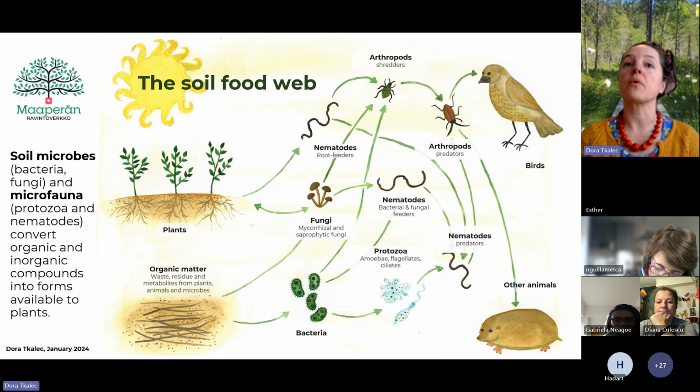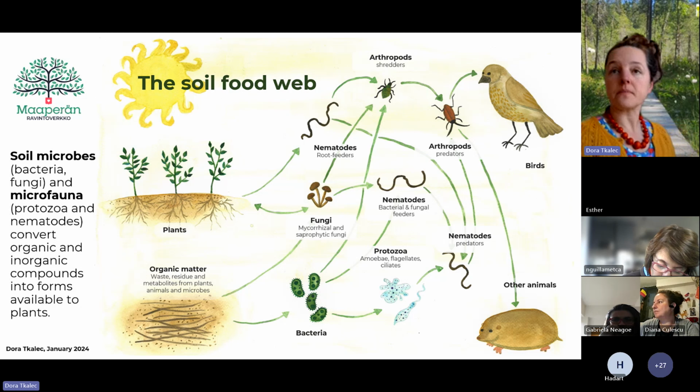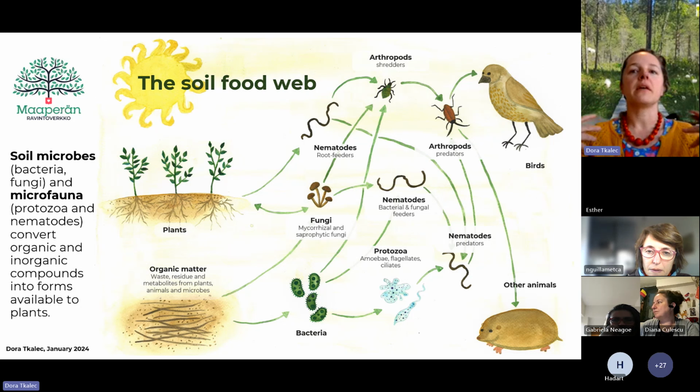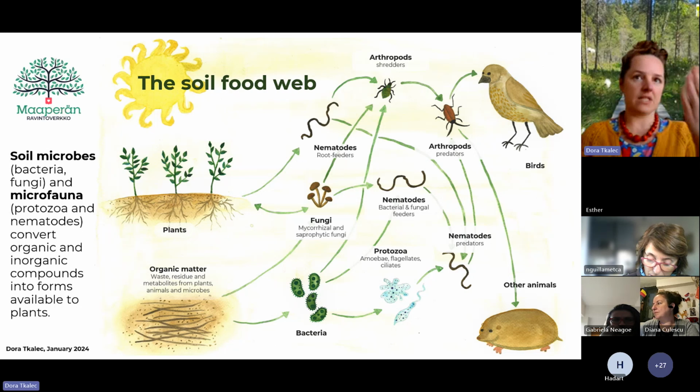They're growing there, feeding on the root exudates, but then this activity also attracts nematodes and protozoa, which are the higher trophic level in the soil food web, and they're basically consuming the fungi and the bacteria. And what they excrete, what they poop out, is something that is plant available. So plants can use it, it's like a micro manure from these microorganisms, protozoa and nematodes. So this is something that is happening every minute of every day.